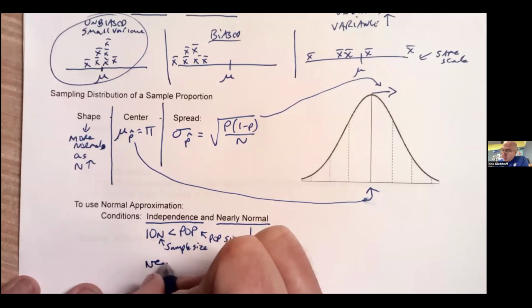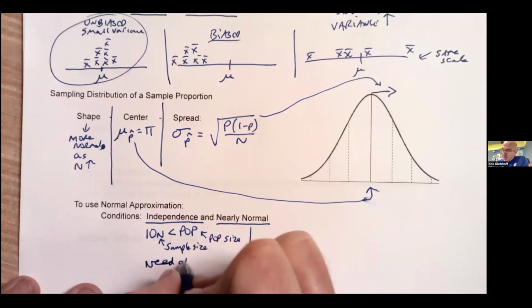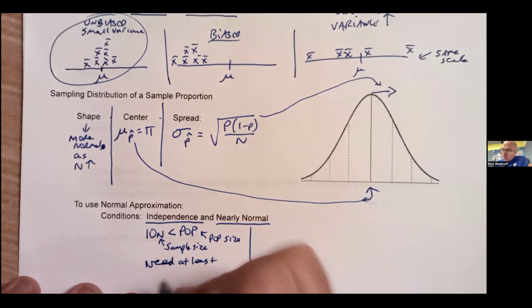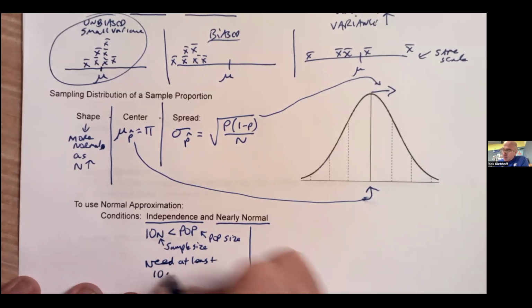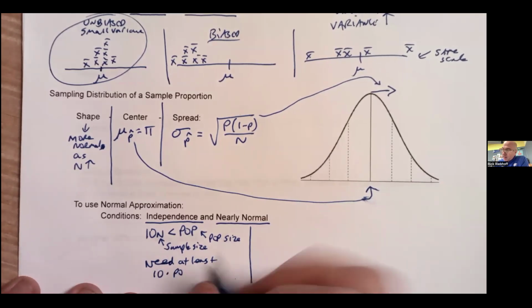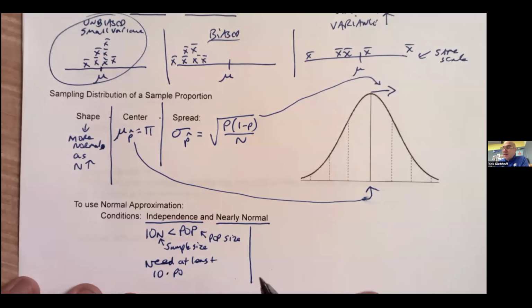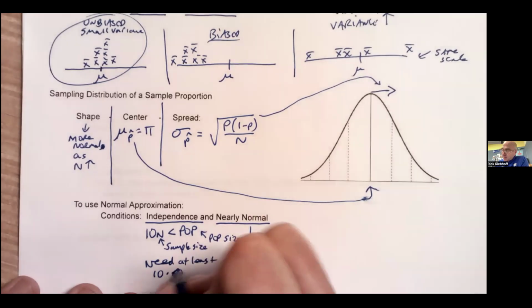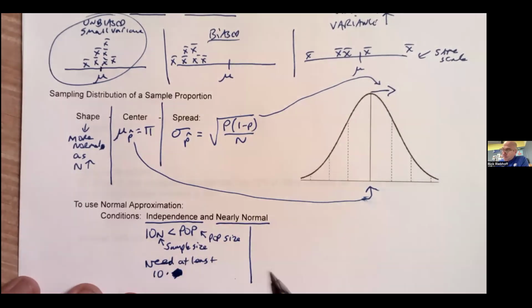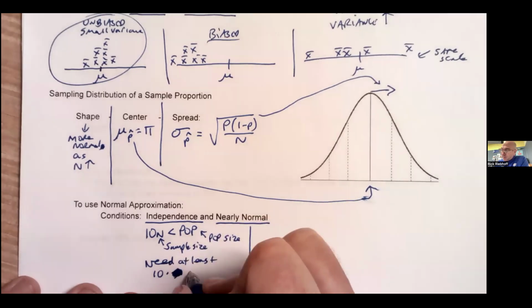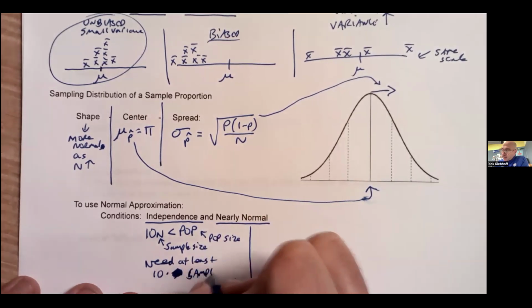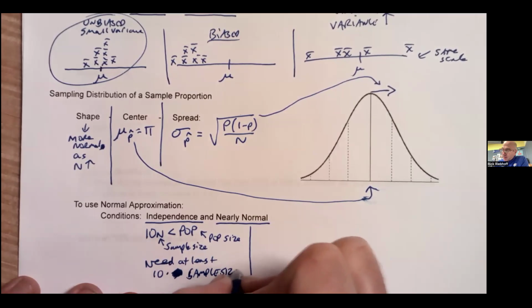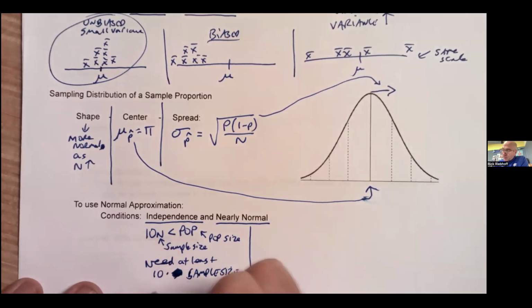We need at least 10 times the sample size for the population.